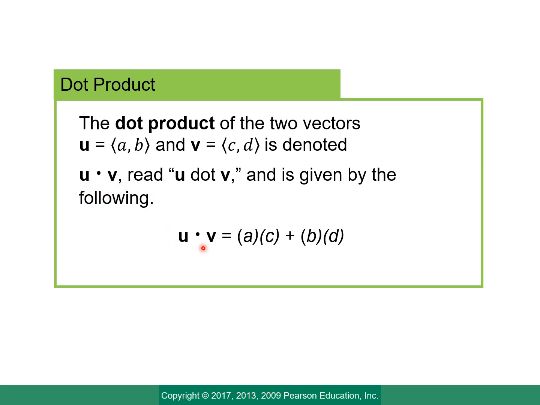And here's how you compute it. u dot v is the horizontal component from the first vector times the horizontal component of the second vector. So you multiply the two horizontal components. Then you add the product of the two vertical components. So you multiply the vertical component b times the vertical component d, and you add those two.